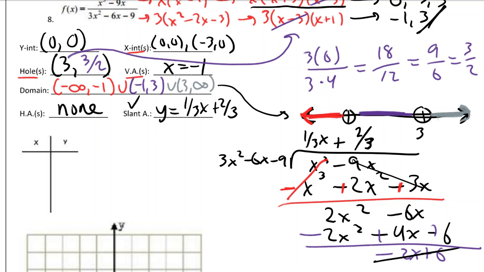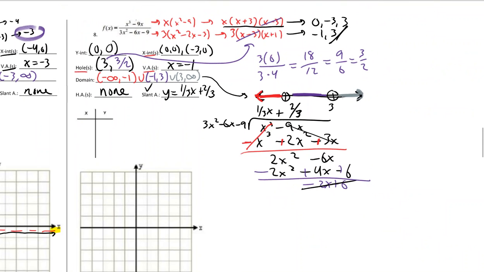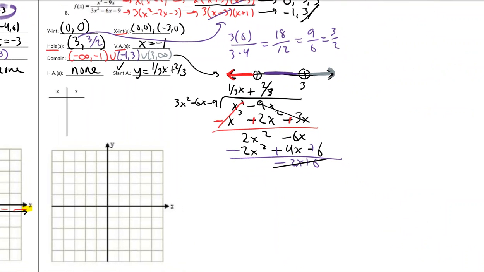So if we start to throw all this information on our graph, we need to see how close we are to being finished there. Sometimes that's going to be plenty, and sometimes we need to plug in a few more points, which is why there's that little table there.